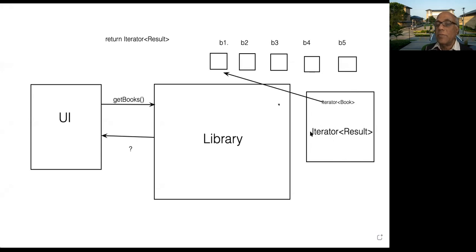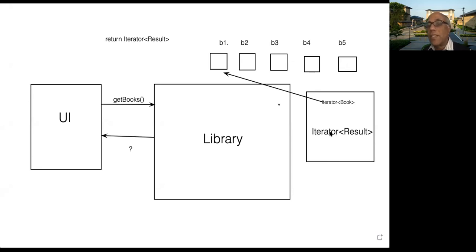The name of the class is safe iterator, and it is an implementation of this iterator. You know that iterator can be of different types. You can have iterator to member, iterator to book, iterator to result, and this is actually an iterator to a result. So it implements the interface iterator. The name of the class itself is safe iterator.